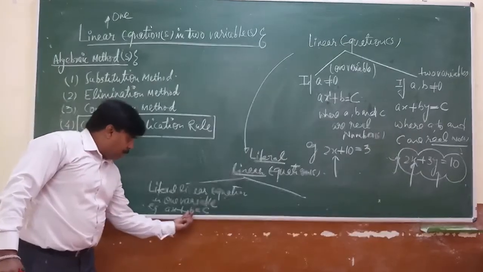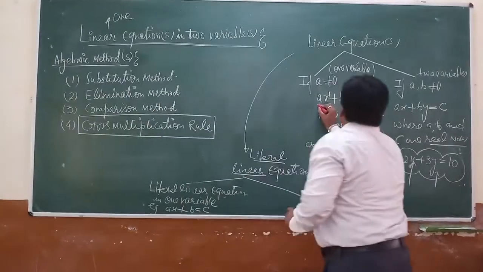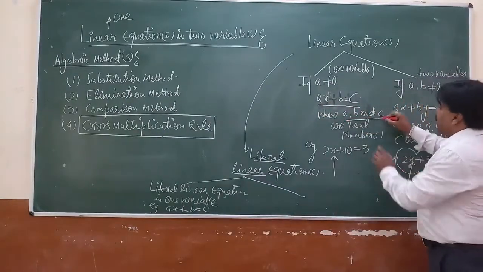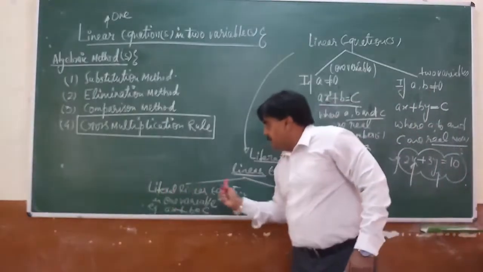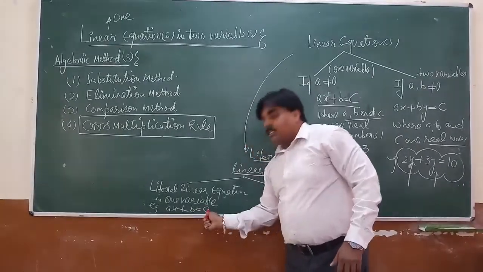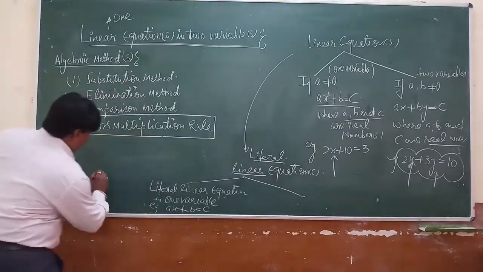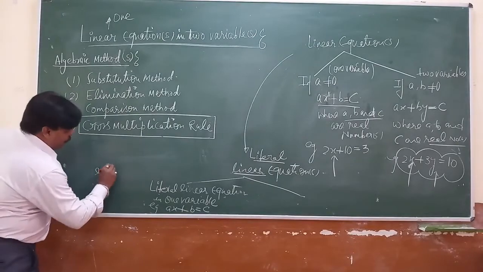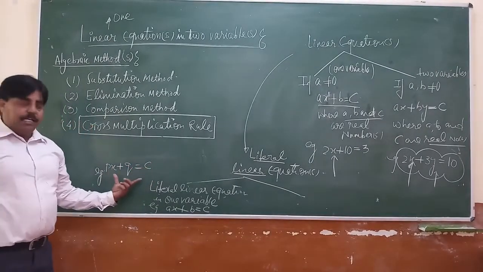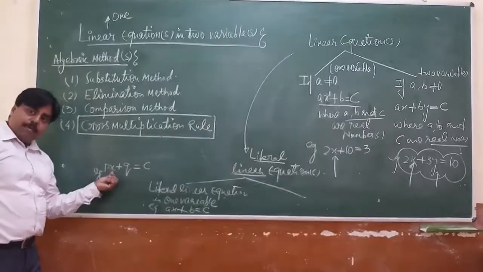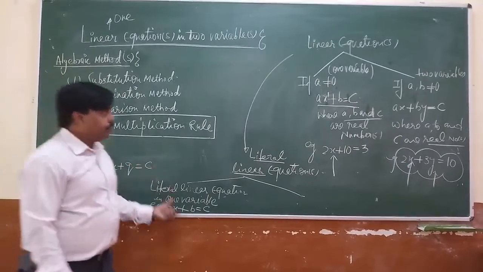Here a, b, c are the literal numerals. Here a, b and c are real numbers, or you can say constants. But to become a literal linear equation, a, b, c are literal numerals, then you can say the alphabet only. For instance, you can take one more example: px plus q is equal to c. This is a literal linear equation of one variable. x is working as a variable here, and p, q, c are the alphabets you can say.